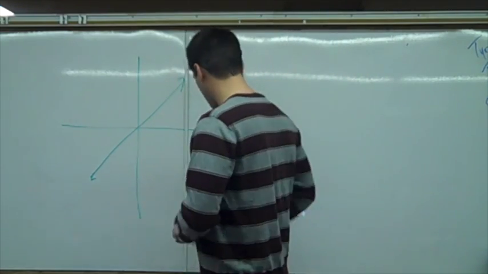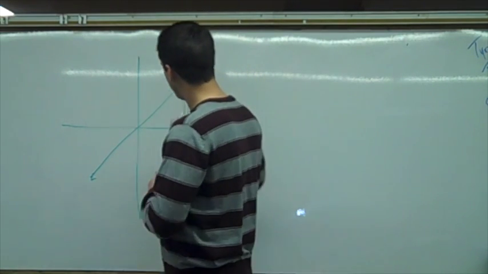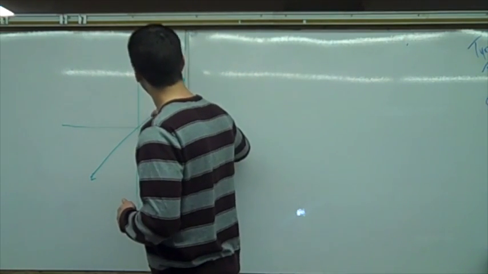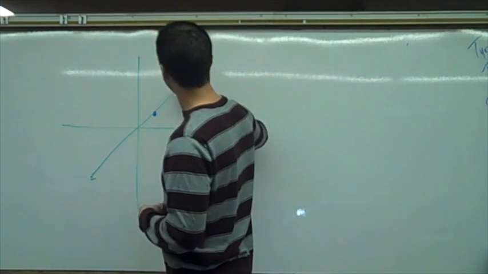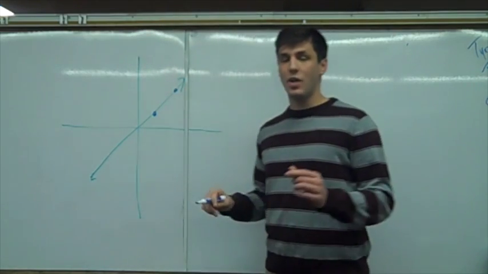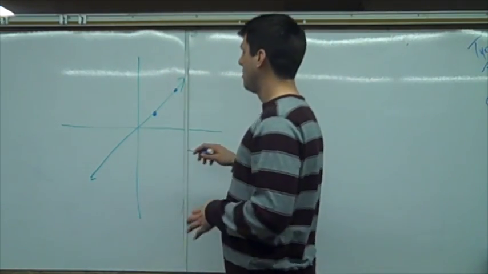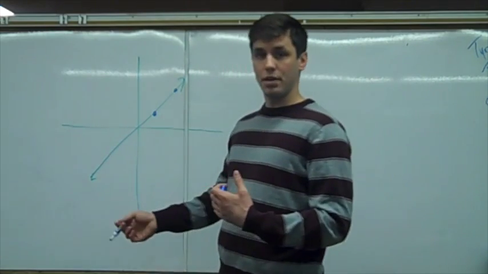Suppose I choose this point and this point, and we get the x and y value of each of them. For our own purposes, I'm going to make up values for each.